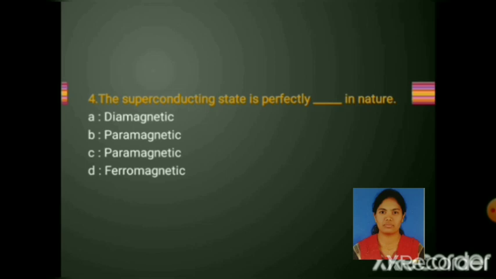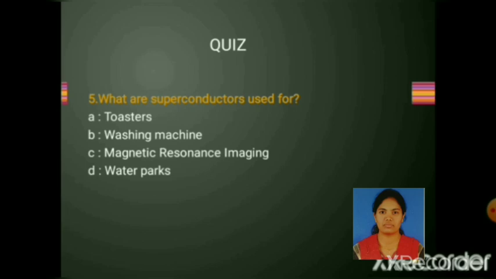The superconducting state is perfectly diamagnetic, paramagnetic, or ferromagnetic. The answer for this question is diamagnetic. What are superconductors used for?